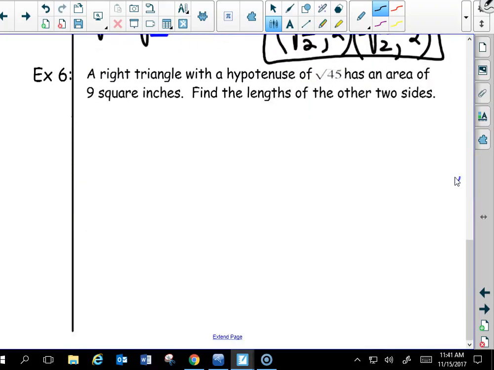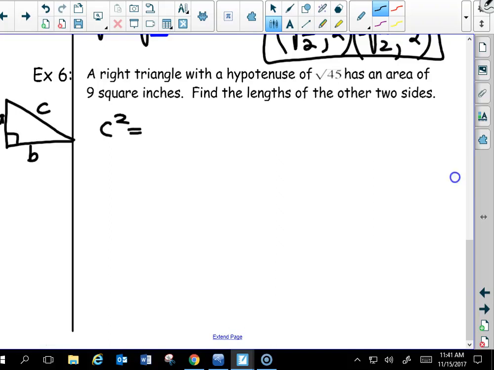Last question. A right triangle with a hypotenuse of the square root of 45 has an area of 9 square inches. Find the lengths of the other two sides. So let's draw a right triangle, and its hypotenuse is the square root of 45. Actually, all I want to do here is label it A, B, and C, which lets me set up an equation between the hypotenuse and the two legs.